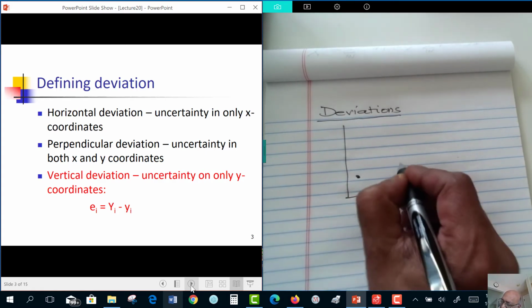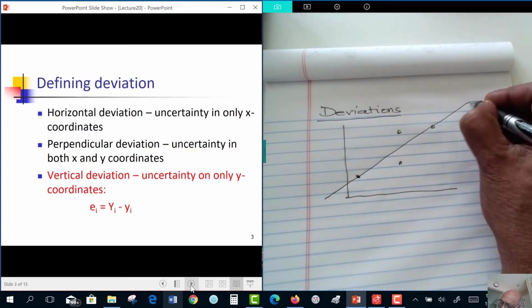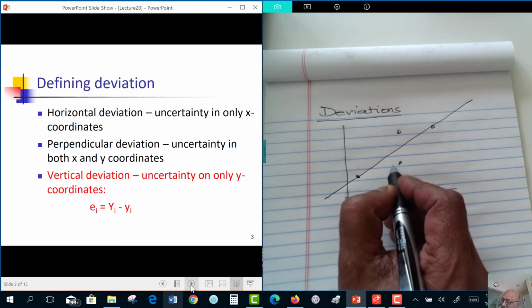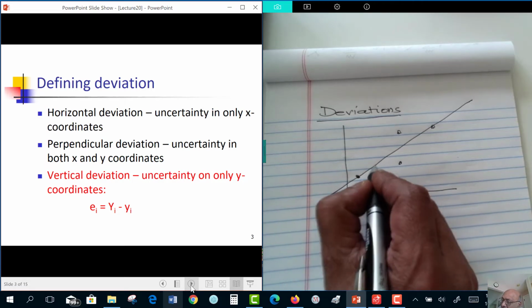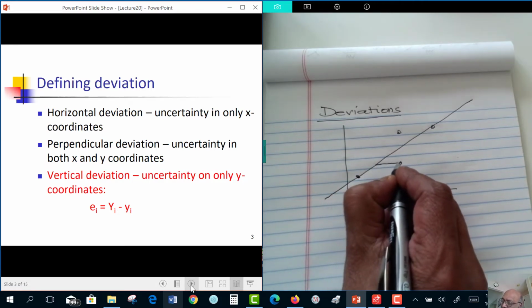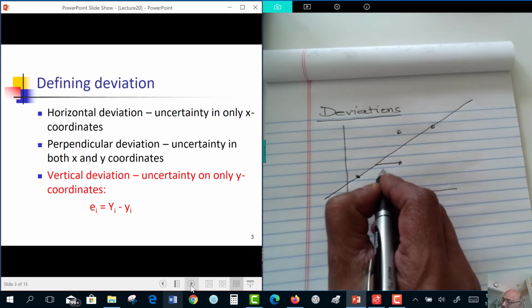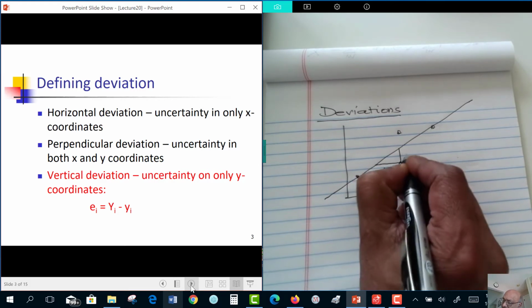So let's say we have these points, we fitted our straight line. Of course, some points don't fall on the straight line. They deviate from the straight line. We can define deviation in several forms. We can define deviation in terms of x. We can define deviation in terms of y.